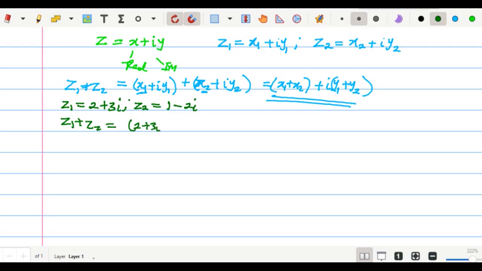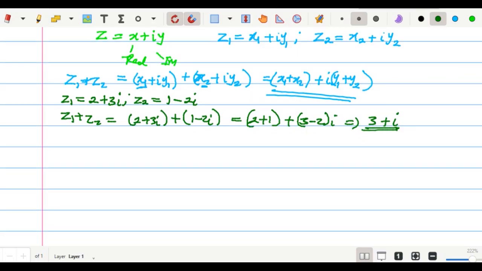So z1 plus z2 is going to be equal to 2 plus 3i plus 1 minus 2i. And remember, we're adding the real parts together. If we do that, we're going to have 2 plus 1, plus, adding the imaginary parts together, 3 minus 2i. And what we are going to have here is 3 plus i. So this is your answer. This is the addition of these two complex numbers.